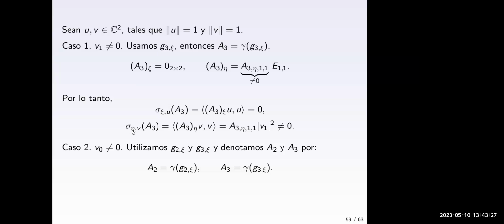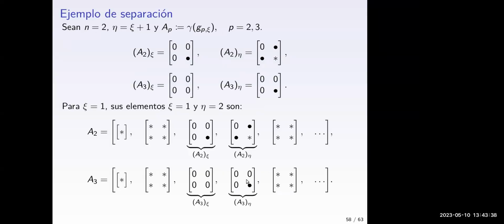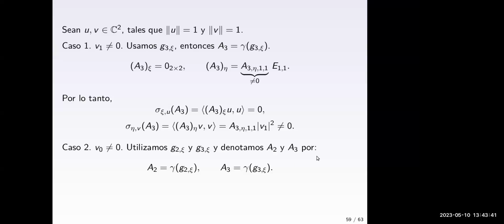And for the second pure state, sigma eta of A3 is not 0, because as you can see here, this entry is not 0. And because B1 is not 0, we could separate these two pure states. And if B0 is 0, we just consider G2 and G3, and consider A2 and A3.